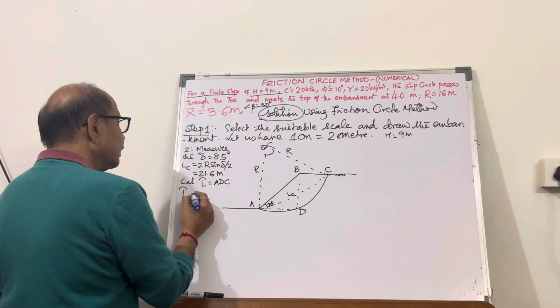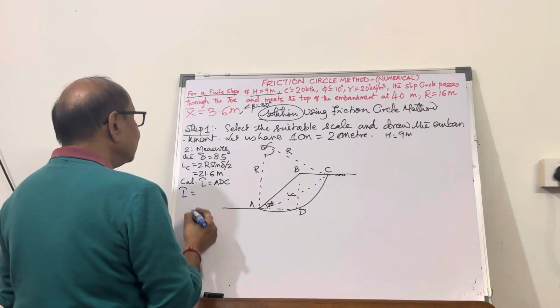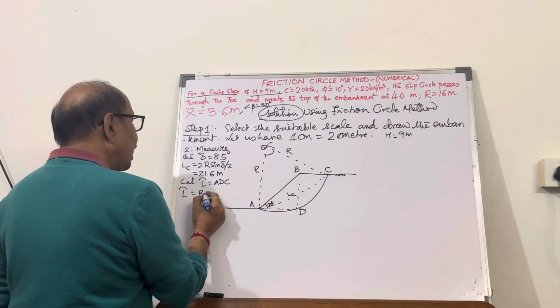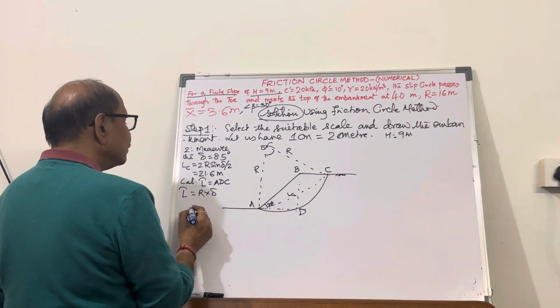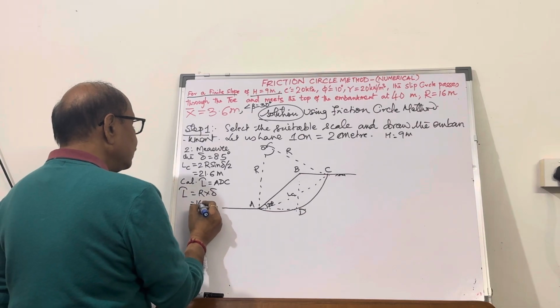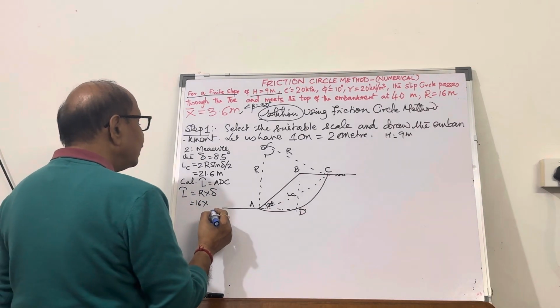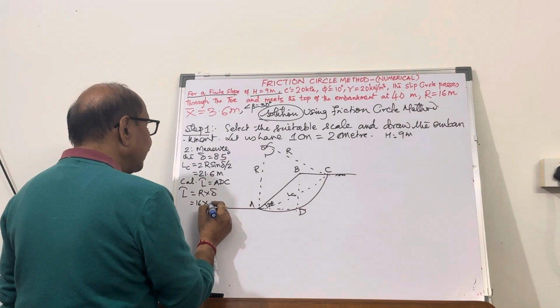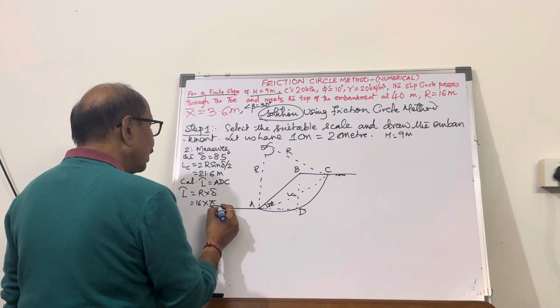The arc length of this circle will be r into delta. Delta will be in radians. R is 16 meter and delta in radians will be pi by 180.